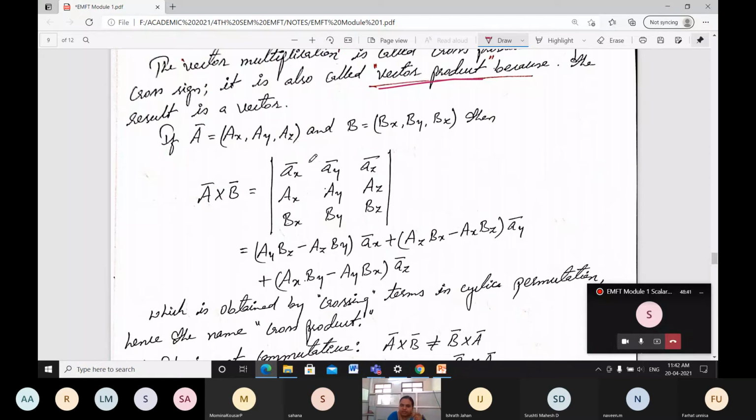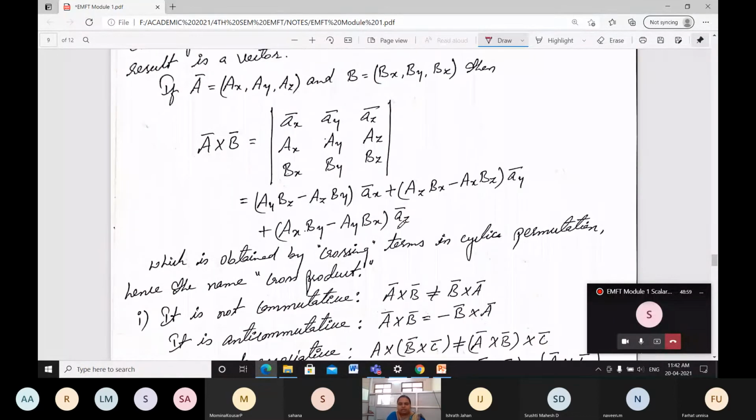Then unit vector Ax, unit vector Ay and unit vector Az. Then our components Ax, Ay, Az, then Bx, By, Bz. What equation can I write? You already know. First, if I am to find my Ax, how can I write? Skip this, then take Ay Bz minus Az By into Ax bar.